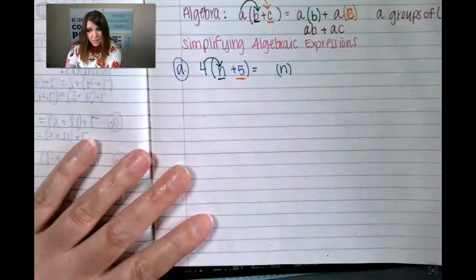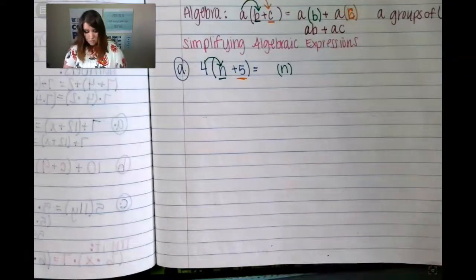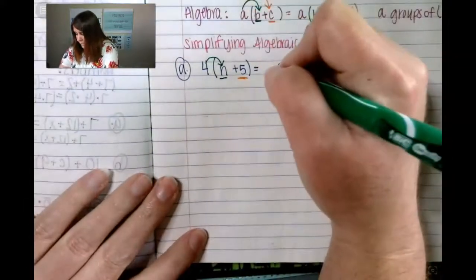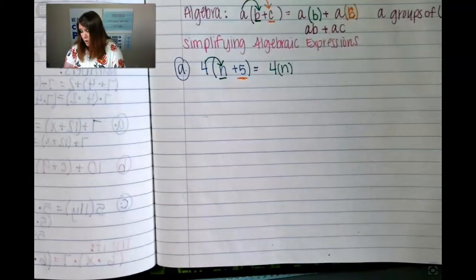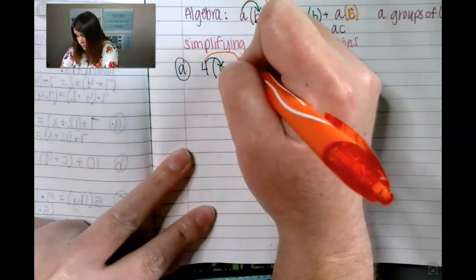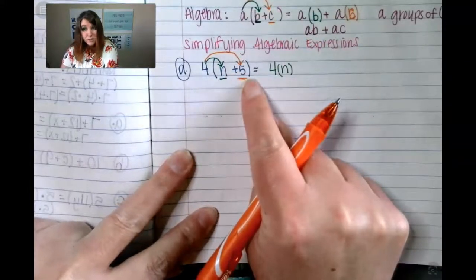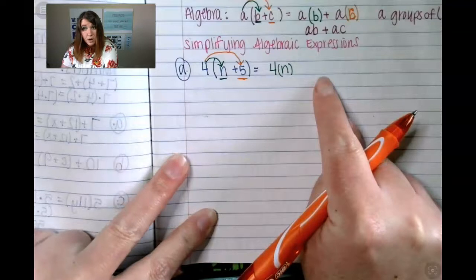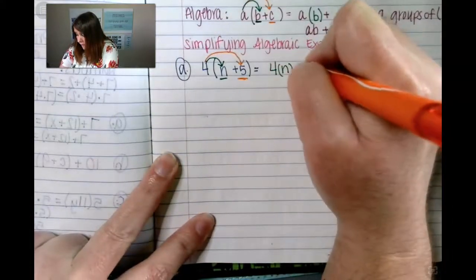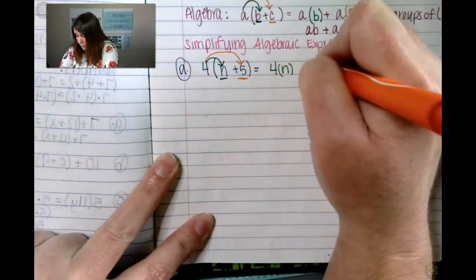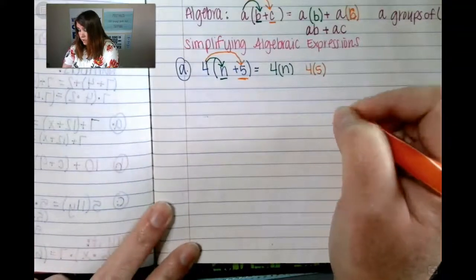So I get 4 times n, which is 4n. And then I'm going to share my 4 with the 5. I have to share it with both things. If there's 2 terms, I need 2 things out here. Otherwise, it's not equivalent. So I get 4 times 5. Now, if I do not put parentheses there, I just get 45, and we don't want 45.